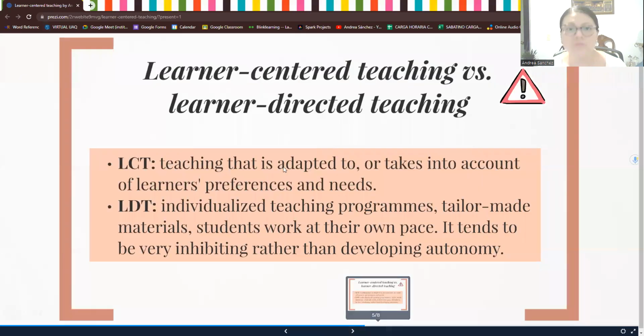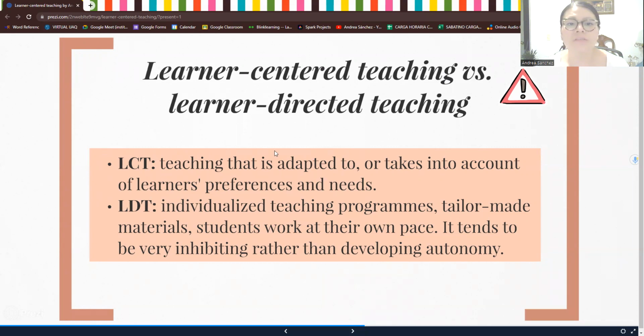In the 80s also, we have two concepts, which is the first one, learner-centered teaching, which is the one we are discussing, versus learner-directed teaching. You have to be very careful not to confuse these two concepts because they are very close in names.